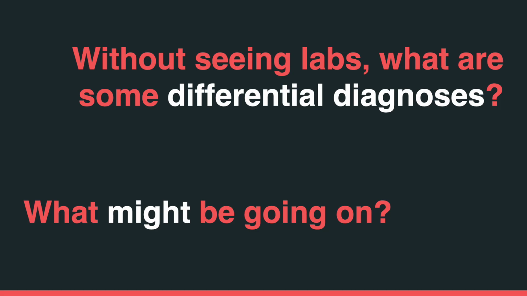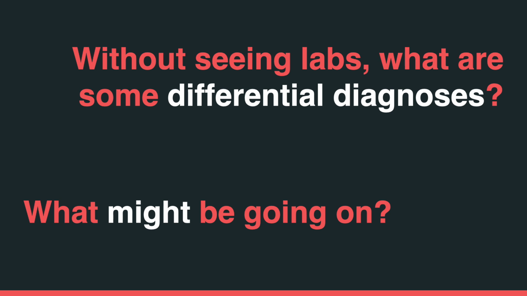So without seeing any labs, what are some differential diagnoses? Well, we would maybe look at her MAR, see if there's any other additional meds. She shouldn't be anticoagulated on top of the ITP, but you never know what patients and providers are going to do. Is she sick?